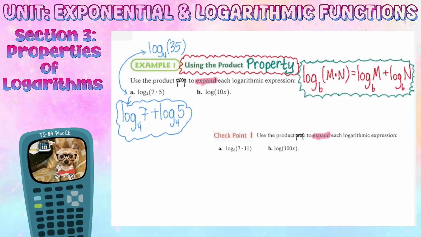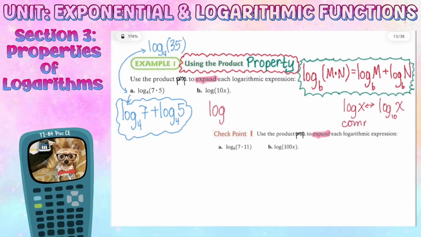Next example, we can take a smidge further. Let's look at what that looks like. We have log where there's no apparent base, but there's an invisible base. So log of x is really equivalent to the log base 10 of x, and that is known as the common log. It's sort of like how the square root of x is really the same as the square root of x with a 2 in that spot.